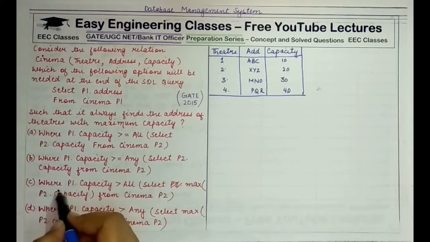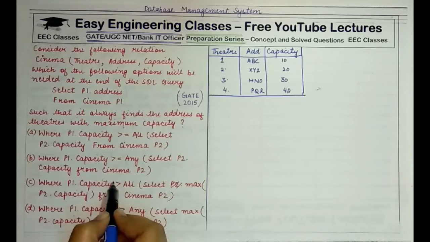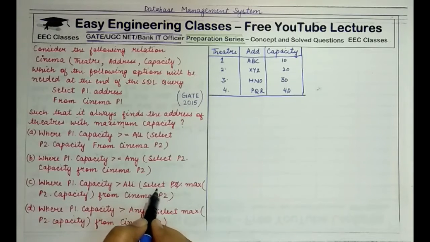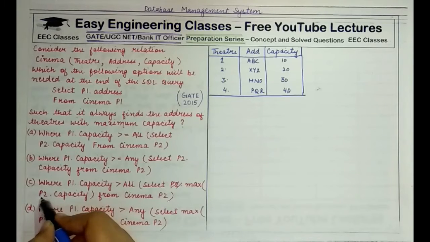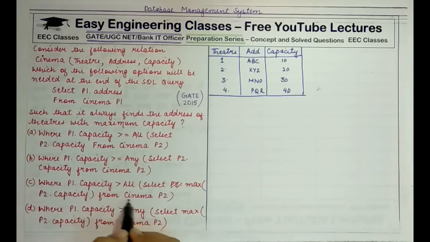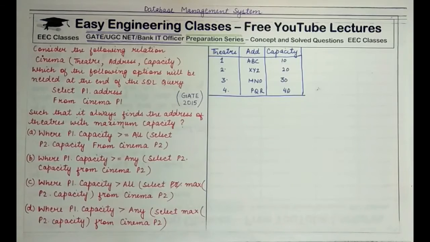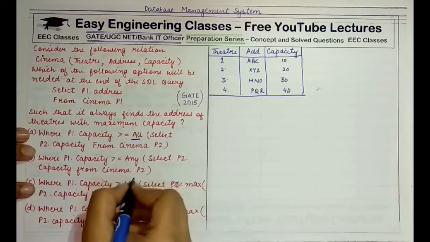The third option is where P1 dot capacity is greater than all, select max of P2 dot capacity from cinema P2, and the D option is same as the C option except that there is the keyword any instead of all. Okay, so the major focus of this question is on two keywords, all and any.